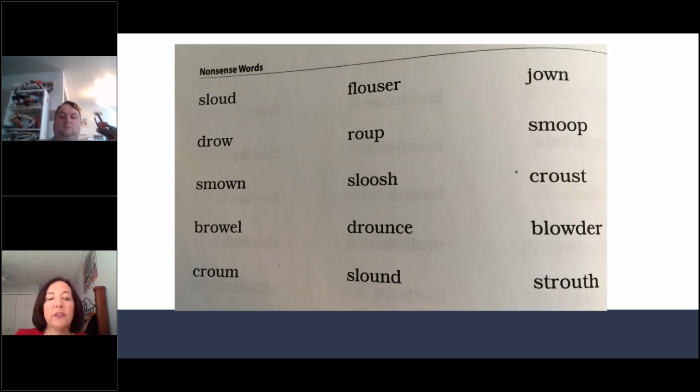These are nonsense words. We're going to read them through. The first time, the OW is always saying ow. The second time through, I want you to read the OW words, but pronounce it O. Whenever you see OU, always say ow.